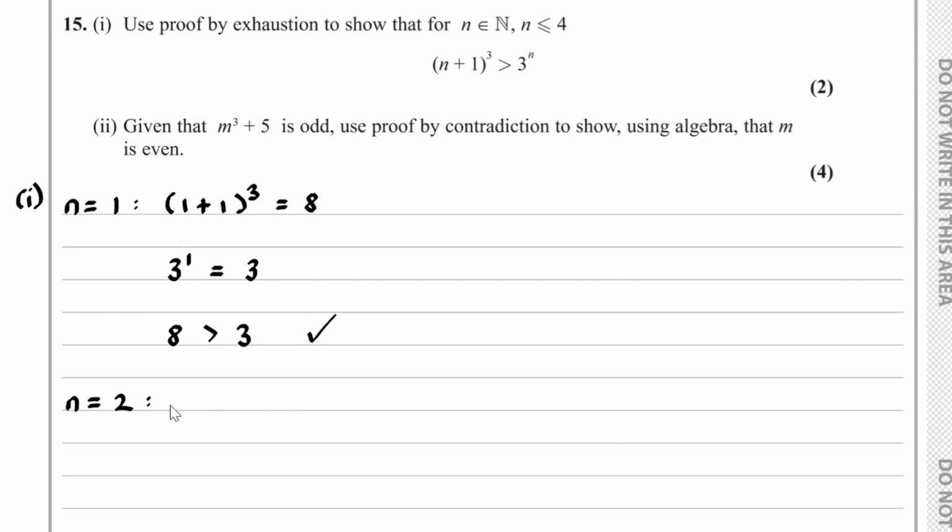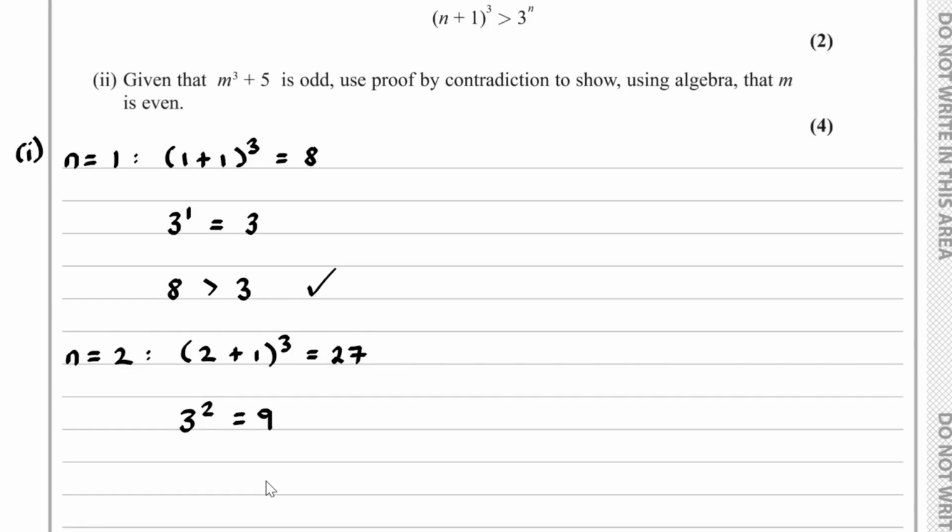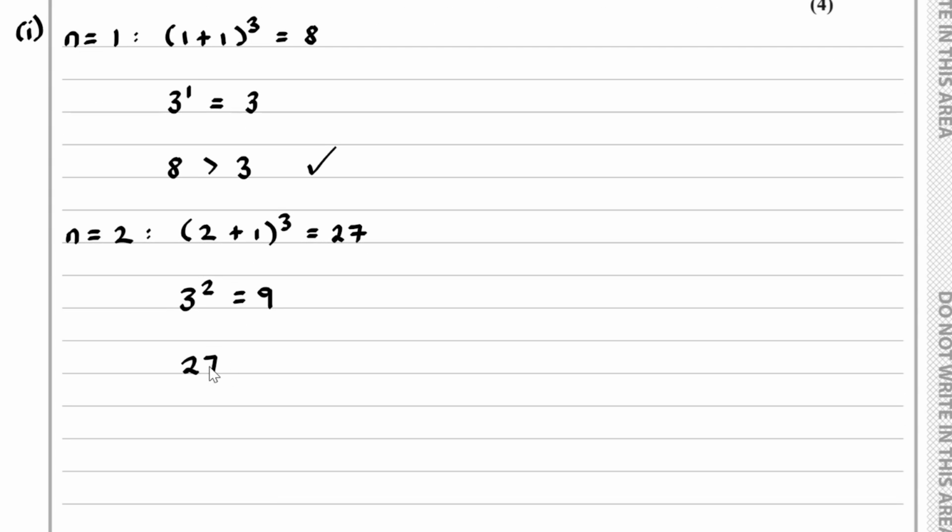When n is 2, we've got 2 plus 1 cubed, which is 27. On the other side, we've got 3 to the power of 2, which is 9. We see that 27 is greater than 9. The statement is true when n is equal to 2.